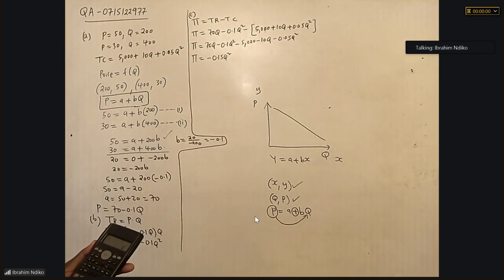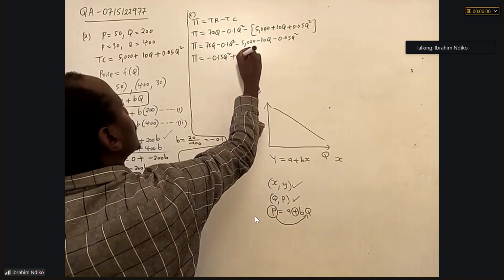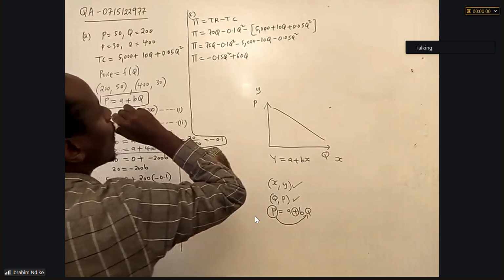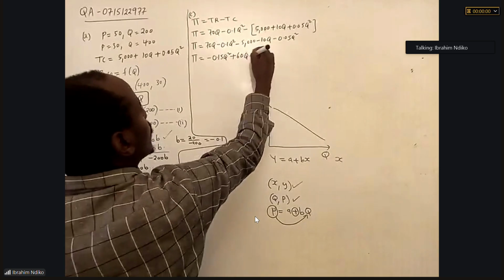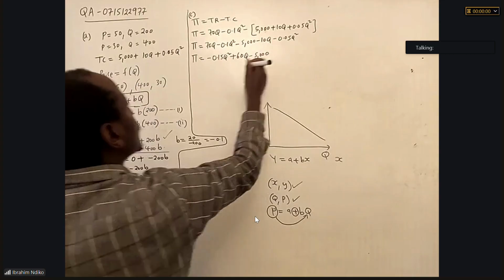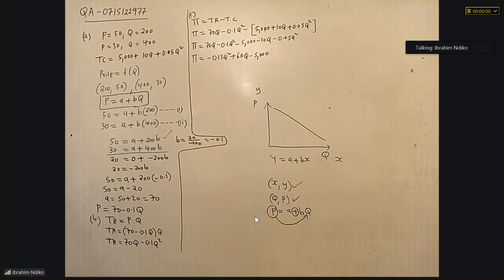Then 70 minus 10 will be plus 60Q, minus 5,000.